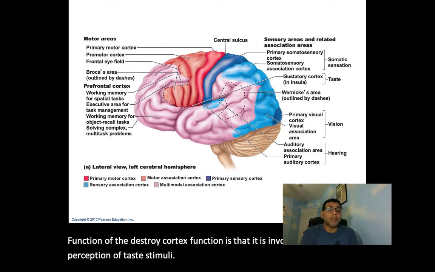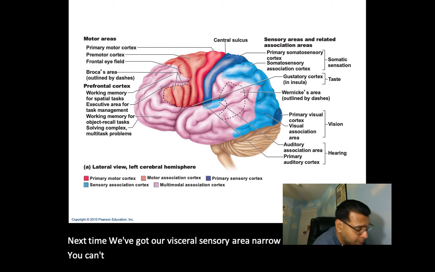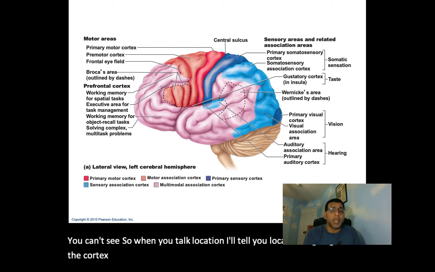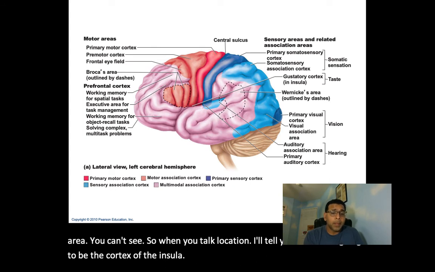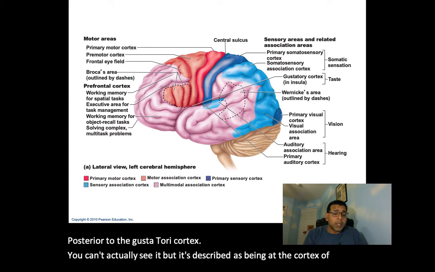Next we've got our visceral sensory area. Now our visceral sensory area you can't see, so when we talk location, I'll tell you. Location is going to be the cortex of the insula, posterior to the gustatory cortex. You can't actually see it, but it's described as being at the cortex of the insula, posterior to the gustatory cortex.